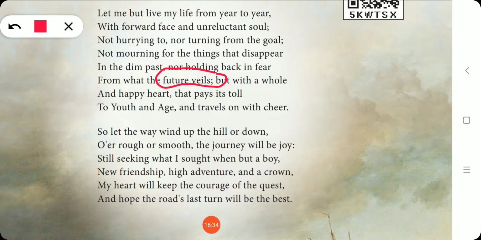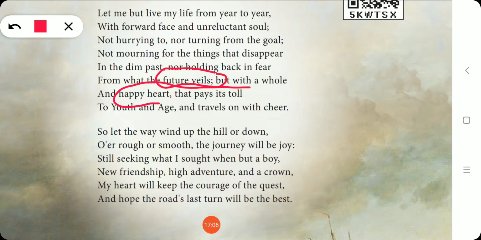The future is going to hide all the happenings from us. Who can hide all the things? Human beings can hide things. Can the future hide all the things? No, definitely it cannot. So here the future is personified as having the human quality of hiding. This is an example of personification because the future is personified as a human. Okay, next one.